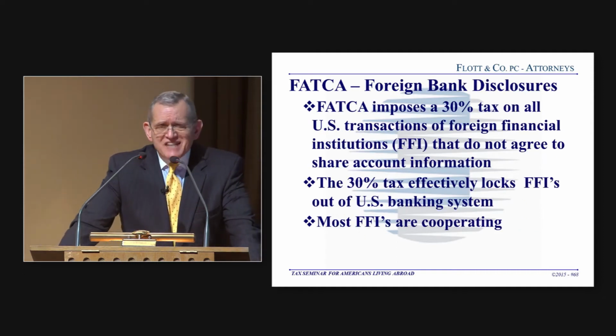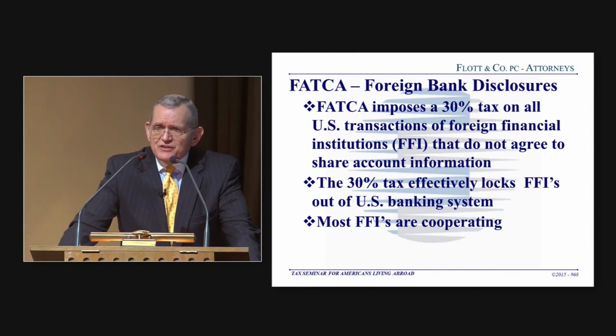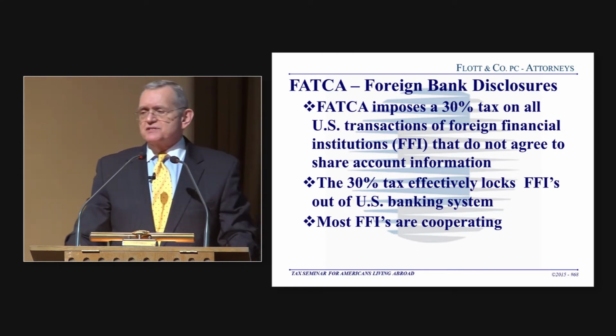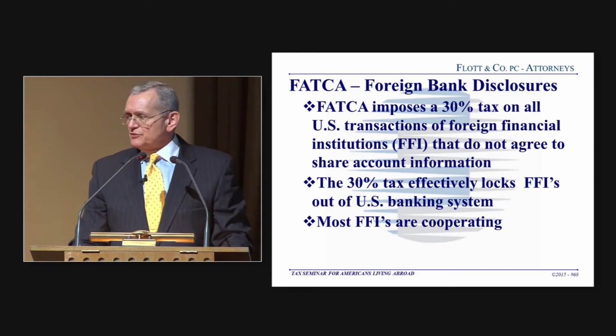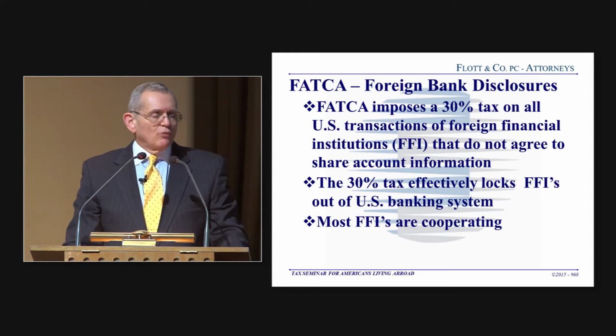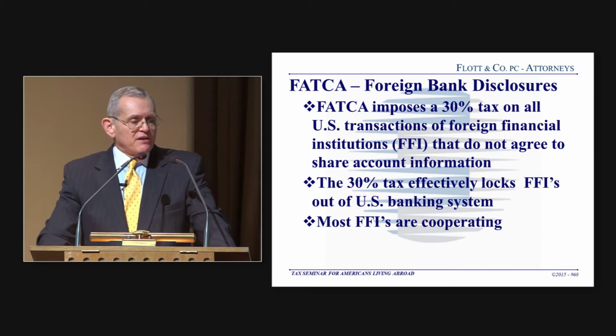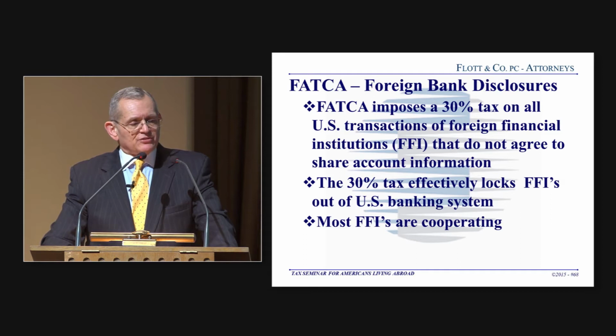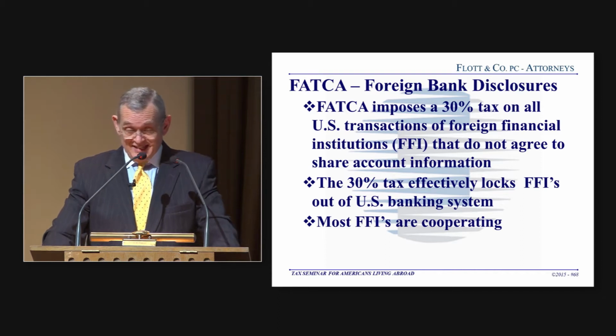Now, the second part of FATCA is the requirement that foreign financial institutions report U.S. accounts. Well, why do they do that? Well, FATCA imposes a 30% tax on all U.S. transactions of foreign financial institutions that do not agree to share U.S. account information.